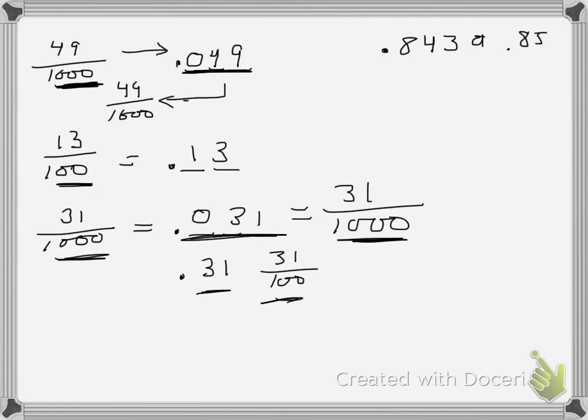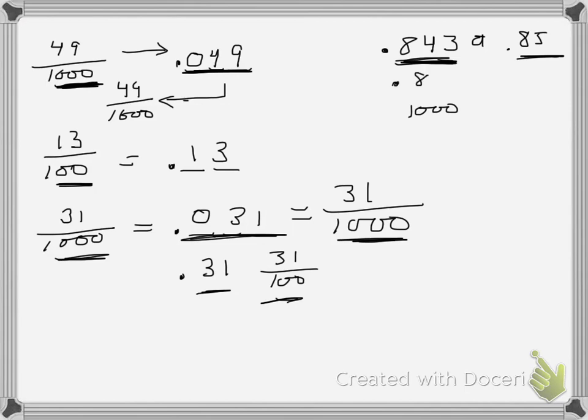Well, first off, I would need to convert them so that they are both representing the same fractional component. In this case, the largest one, 0.843, we're talking about thousandths. I don't have to write it as a fraction necessarily, but I would want the same number of places. I have 3 places here, only 2 here. So how would I change 0.85 to 3 places?